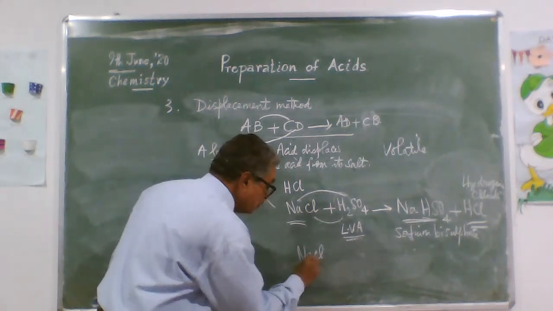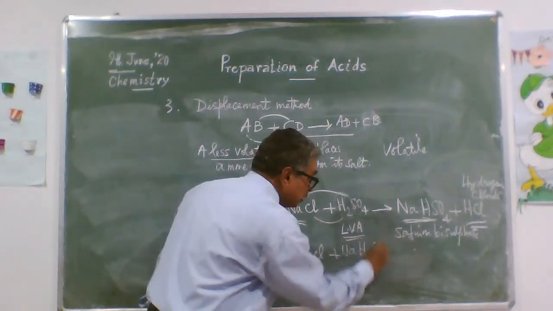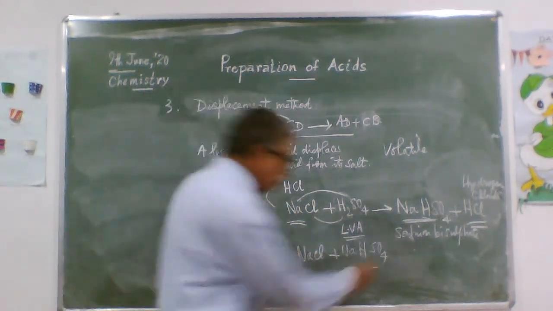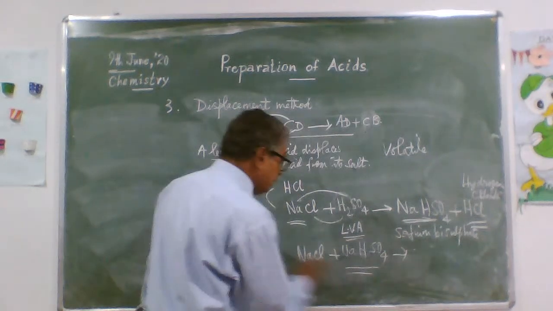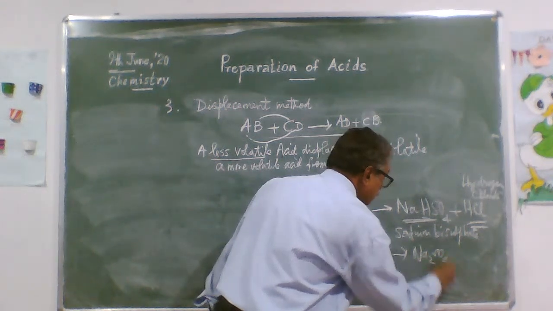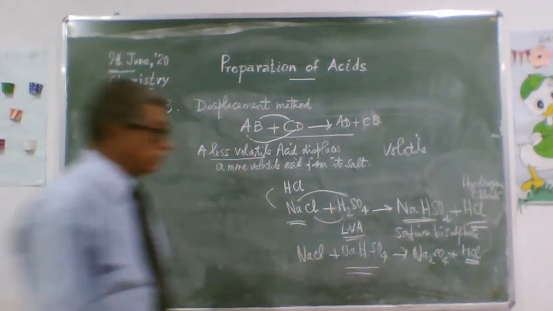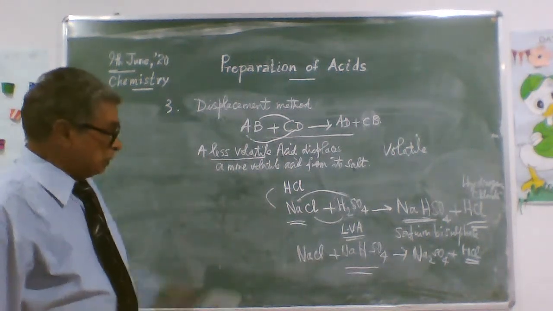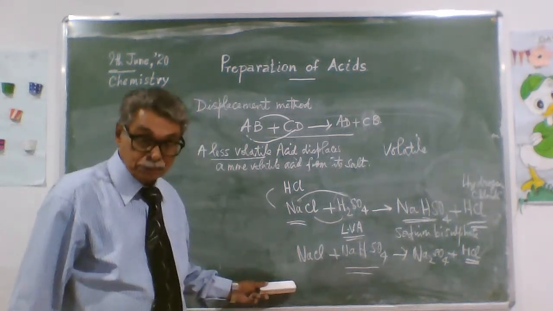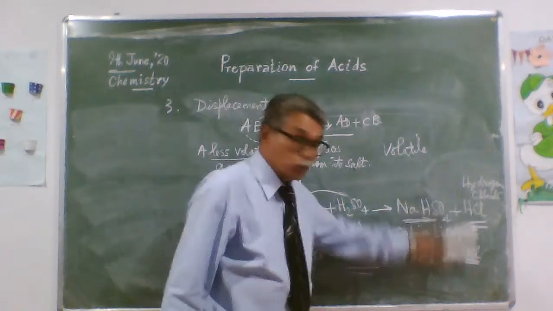NaCl plus NaHSO4 gives Na2SO4 plus HCl. So some more HCl comes out in the second reaction. Really speaking, both these reactions take place at the same time and a lot of hydrogen chloride is prepared.